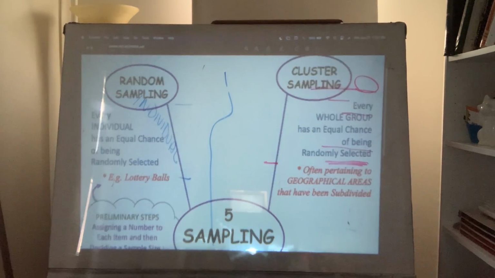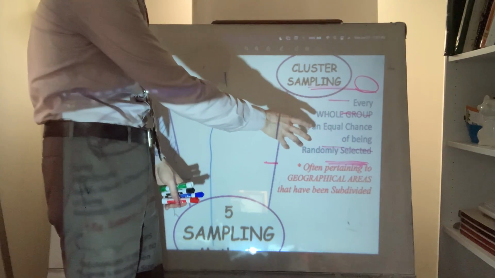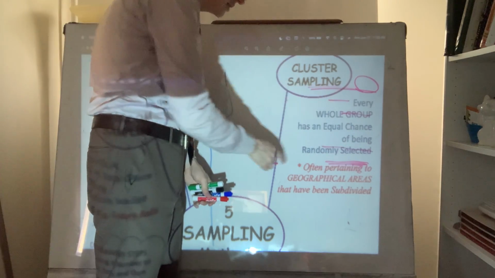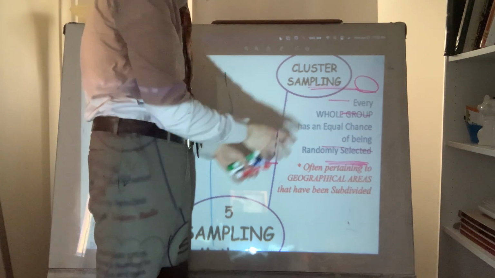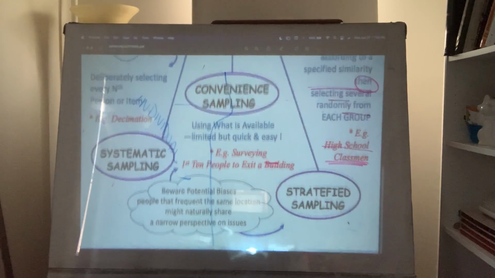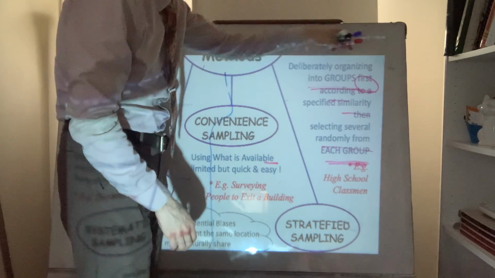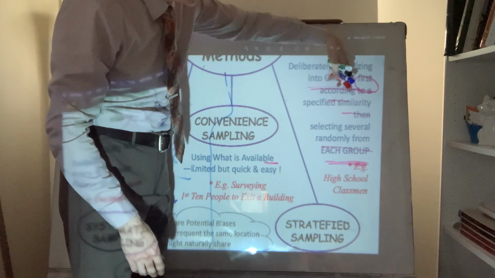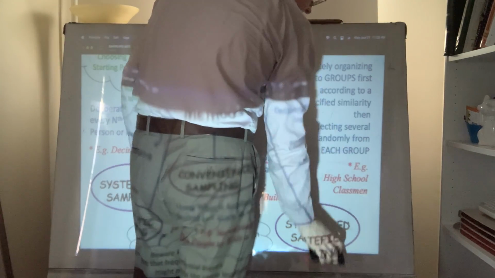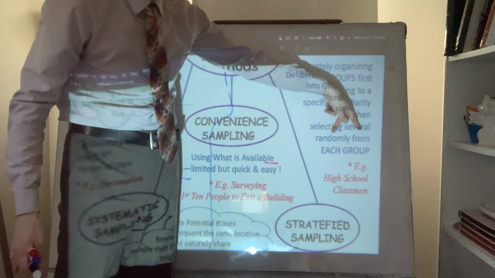Cluster sampling is you take an entire group, and every group has an equal chance of being randomly selected. This is a little bit more strategic than that. You want individuals, but you want to deliberately organize them according to some similarity first, and then you will select perhaps several from each of those groups, right?